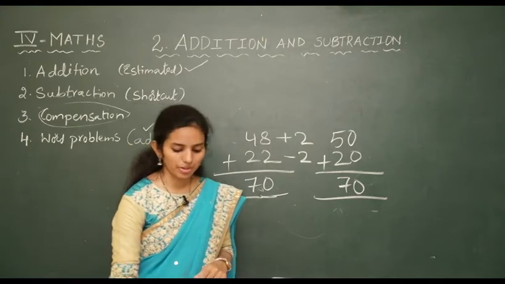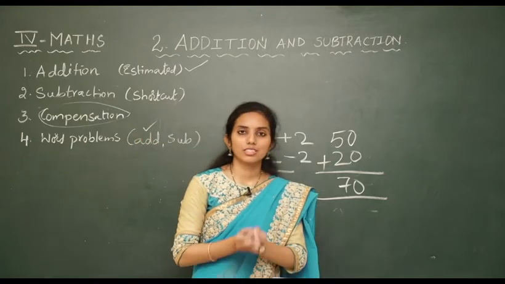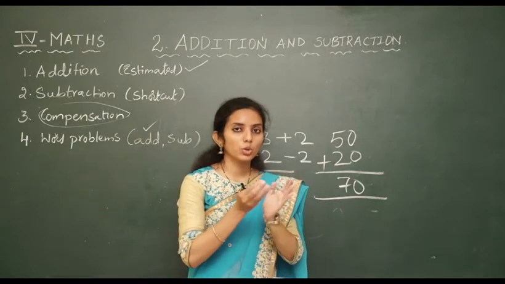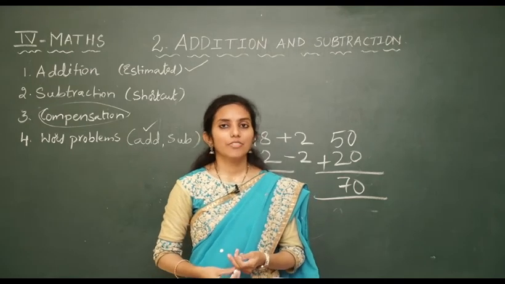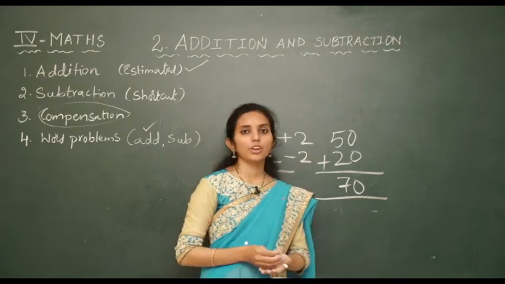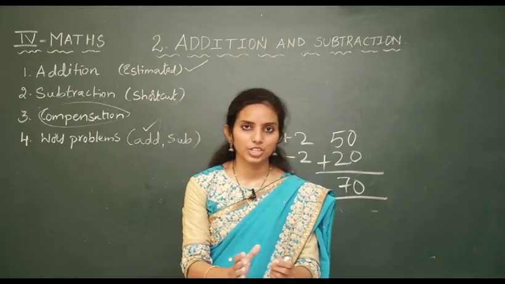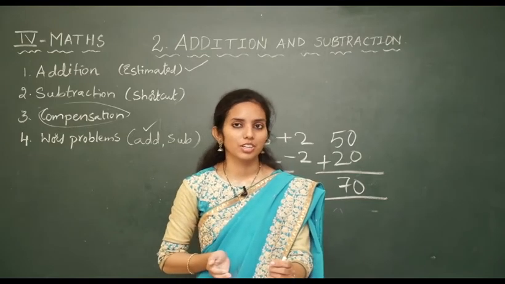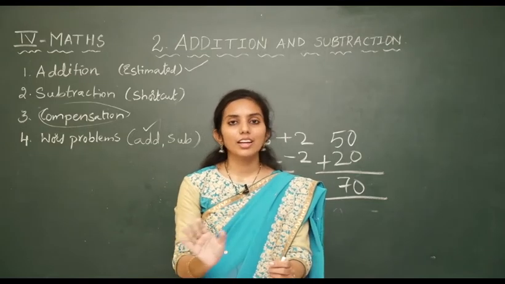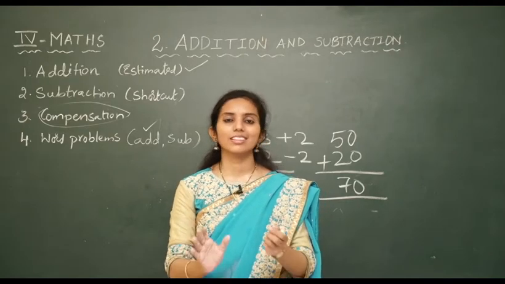It is possible because when we add and subtract the same quantity to the two numbers, we get the same result. For example, to the first number you add a certain digit, and from the second number you deduct the same digit that you added. Then the result does not differ. There will be no difference in the result.